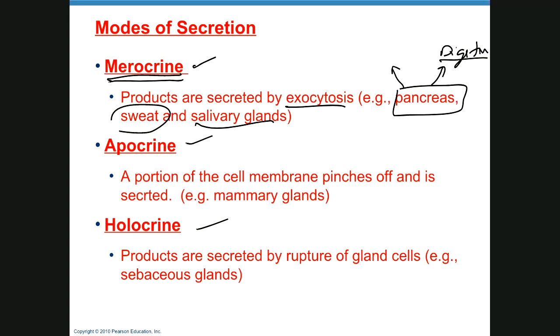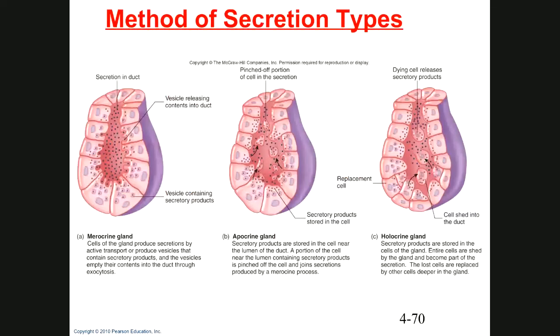The other function of the pancreas is endocrine. It secretes hormones, and hormones are secreted into the blood. They don't belong to any of these categories. So just a little aside there. Let me go back to the previous PowerPoint to show you the merocrine gland over here, making the product and secreting it to the outside.